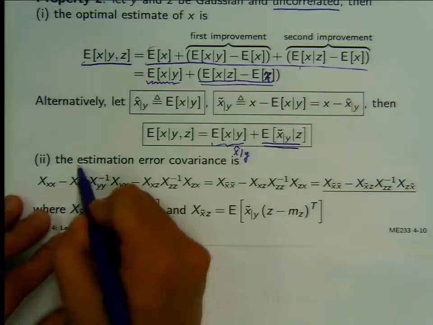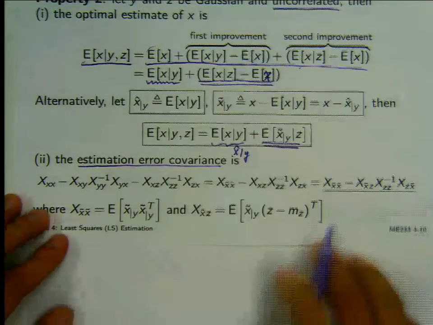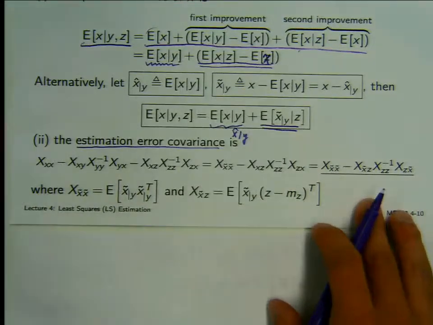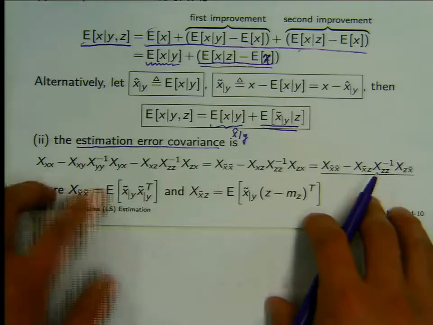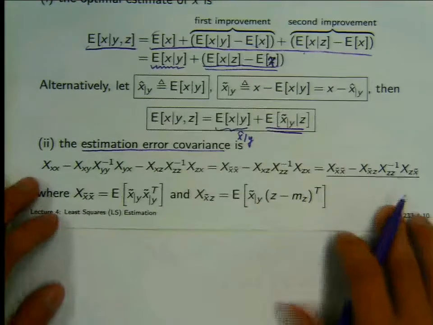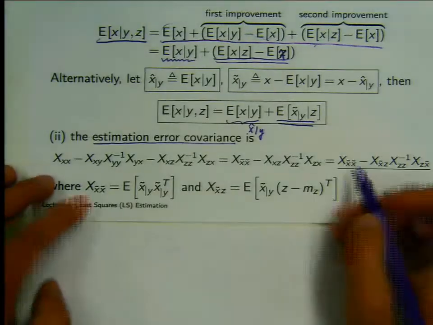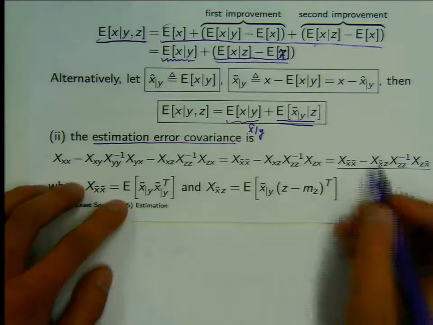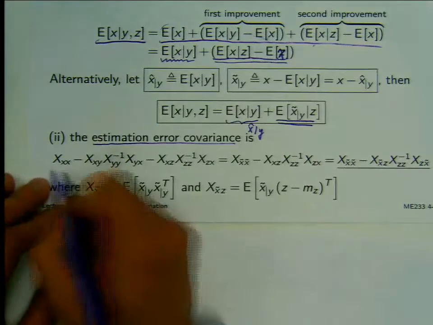For the estimation error covariance, this is always the thing we will do. We'll first evaluate the mean, and then we will evaluate the estimation error covariance. I will show you the result first. We can look at the left-hand side first.